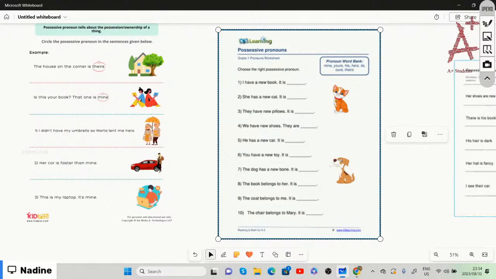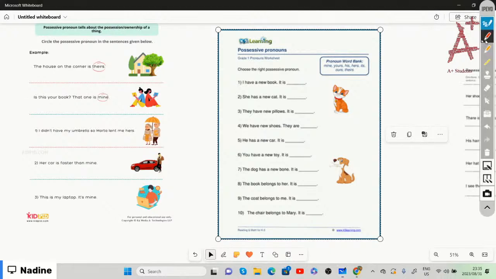Number one, I have a new book. So if I have a new book, then we can say it is mine.